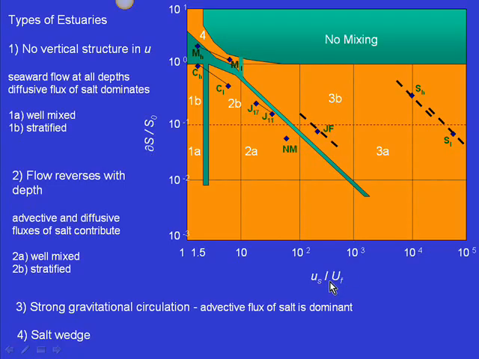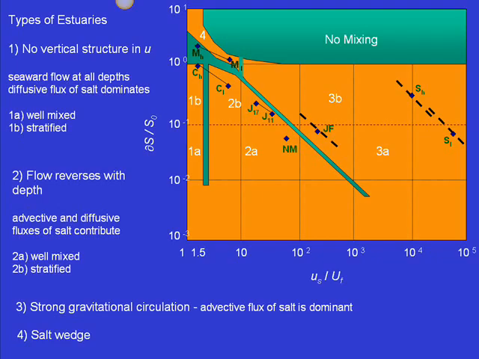You have to know a lot about the system before you can. So by the time you know what these are, you know where the system is going to fall. So that's a drawback. It'd be easier if, with a simple measurement of how strong the flow is and how strong the river discharge is, you could place the system in a classification. And I will talk about that at the end.